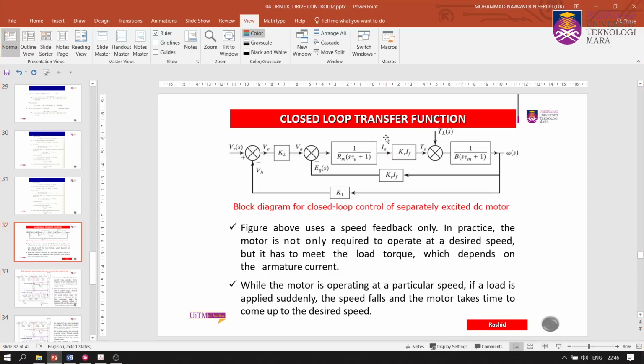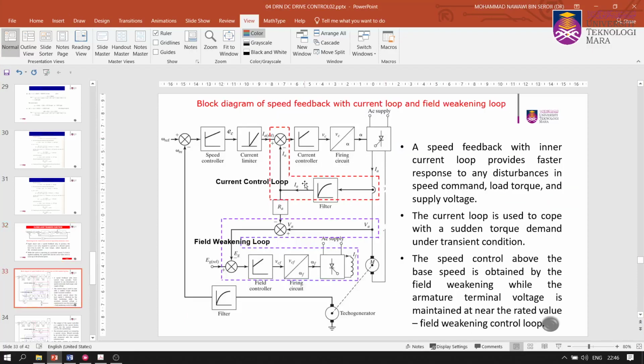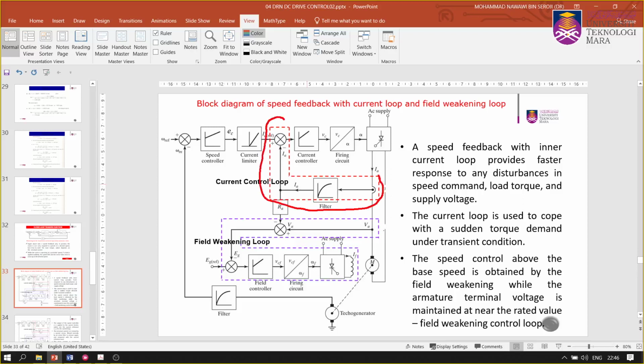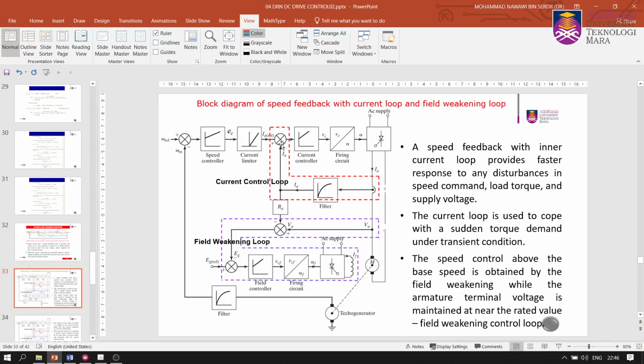So that's what we did here, in this block diagram. We introduce the additional IA there. Look at that. We sense the current, and we have some filter here to remove the ripple. Then we compare the current with the reference current, and we produce an error here.